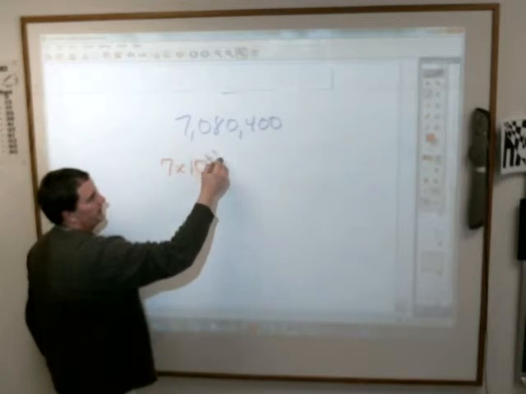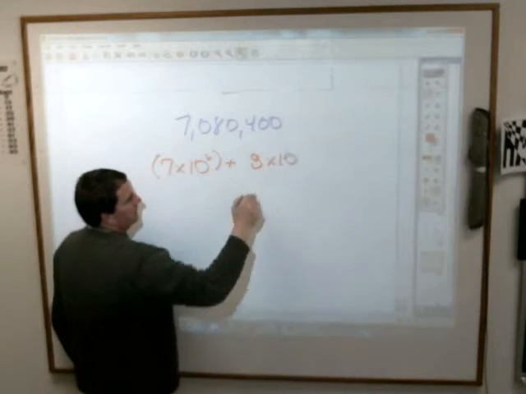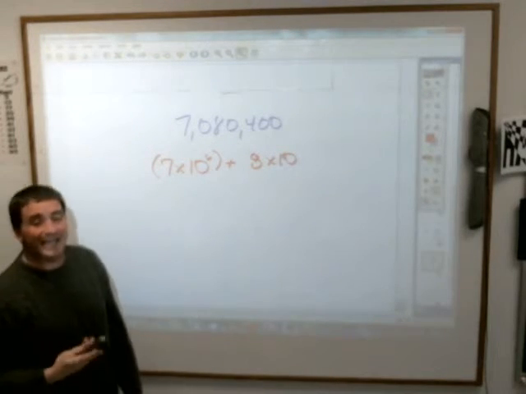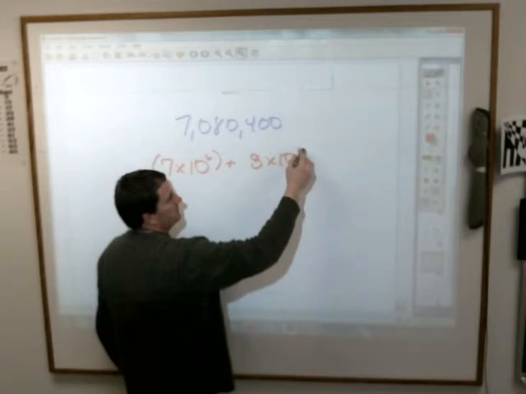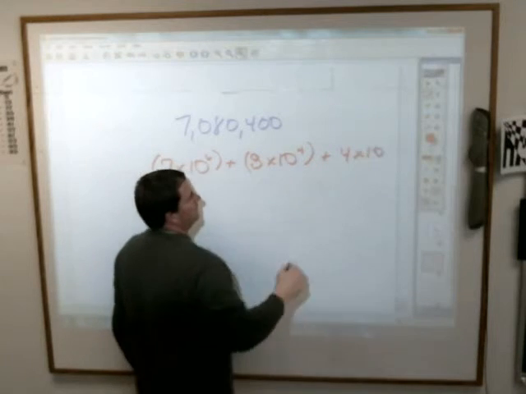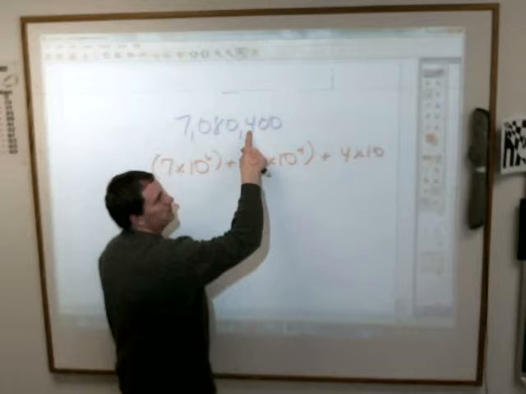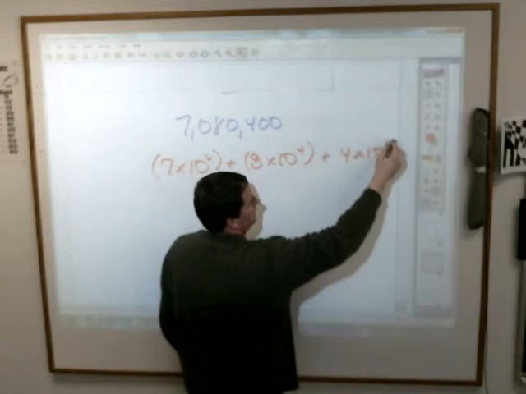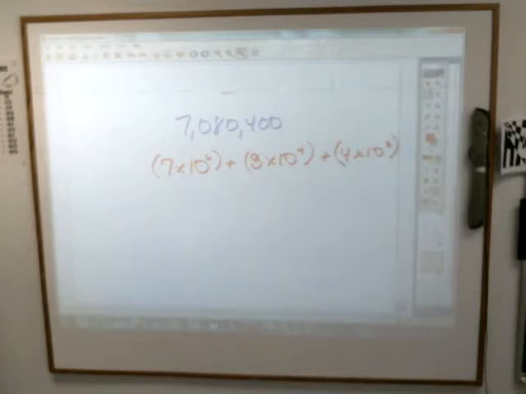That's the power of 10. Plus 8 times 10, and again just look at how many digits come after the 8. 4, and then plus 4 times 10 to the how many digits come after the 4? 2. And that is the expanded notation using exponents.